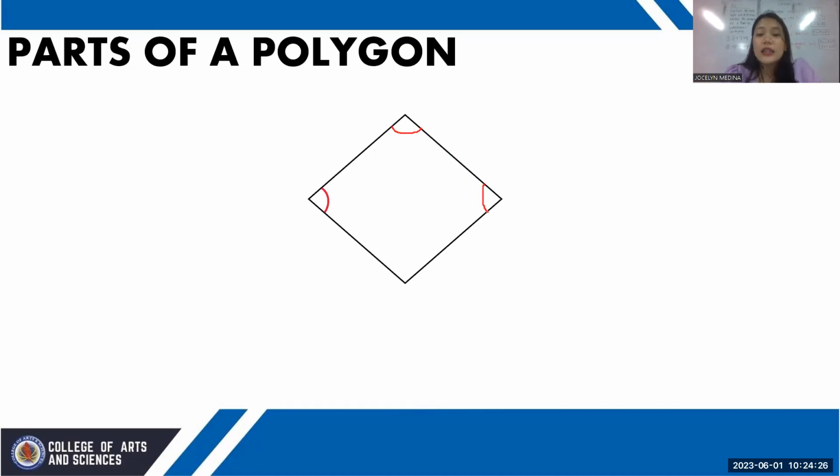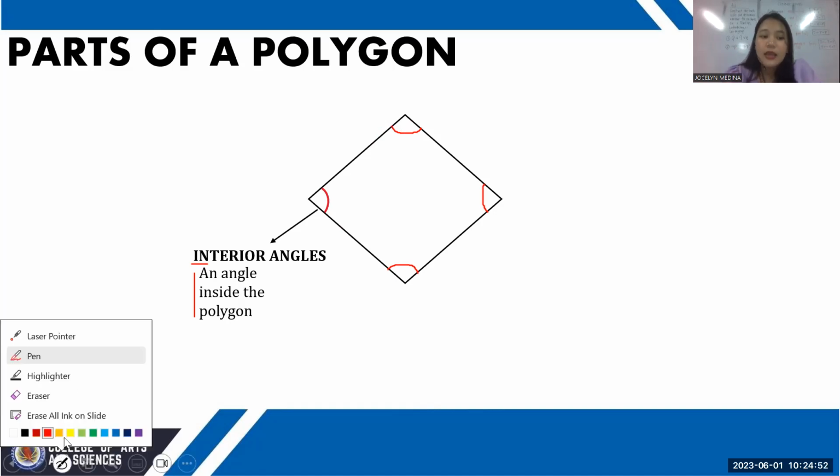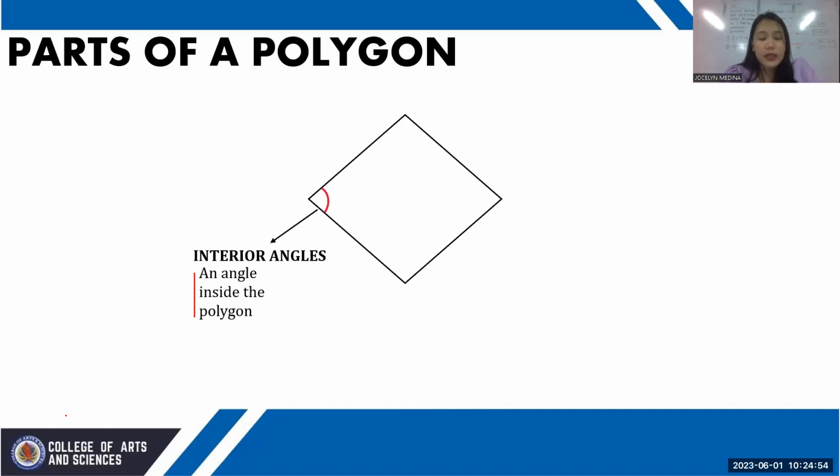Lahat ng nakikita ninyong may red ngayon are your angles. Pero specifically, ang tawag natin sa kanila ay interior angles. From the name itself, lahat ng angles na nasa loob ng polygon are called interior angles. So, dito sa figure na to, meron siyang apat na interior angles.